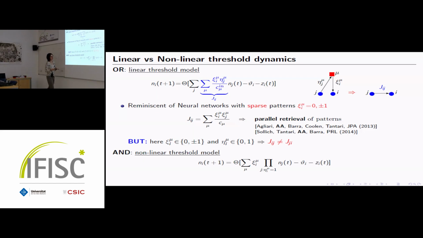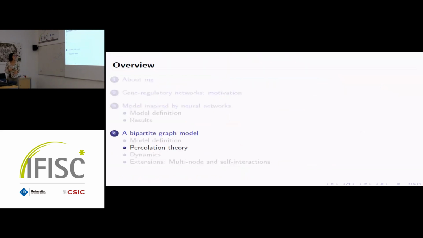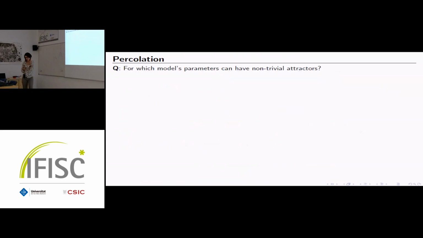We again have a non-linear threshold model with asymmetric and sparse, but this time multi-node, interactions rather than pairwise. So again, what are the steady states of this? Before solving the dynamics, we asked a very basic question: for which values of the model parameters would this system allow non-trivial attractors in the first place?